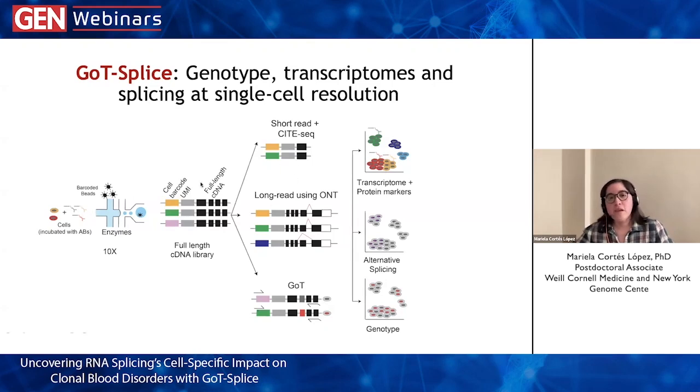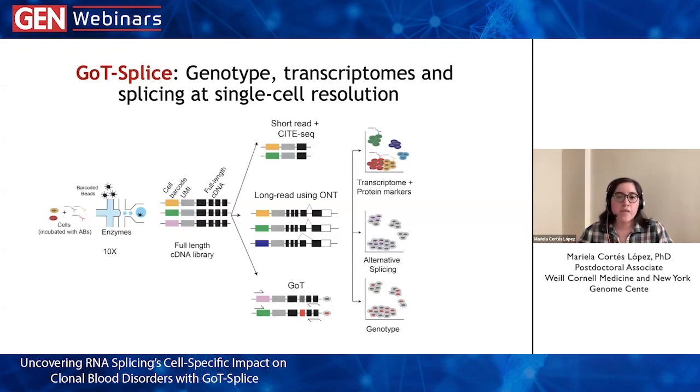So in GoT-Splice, we start with the same 10x Genomics platform where we get the single cell information. And from this single cell library, instead of going directly to the fragmentation that precedes Illumina sequencing, we use Oxford Nanopore sequencing in order to get the long-read transcriptome. And part of the library also goes through the process of GoT.